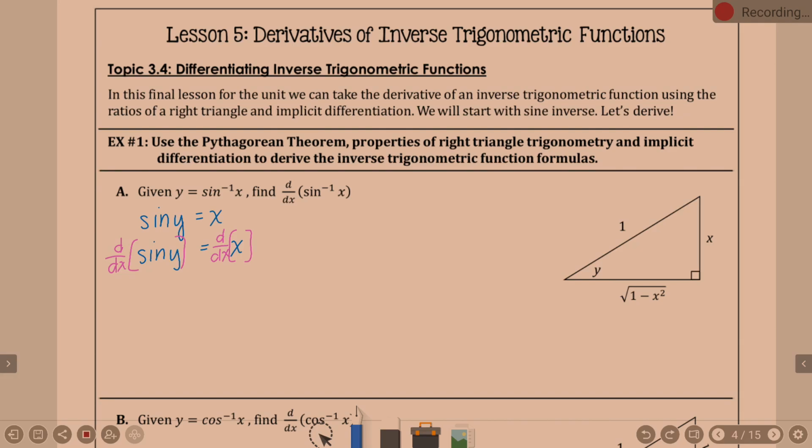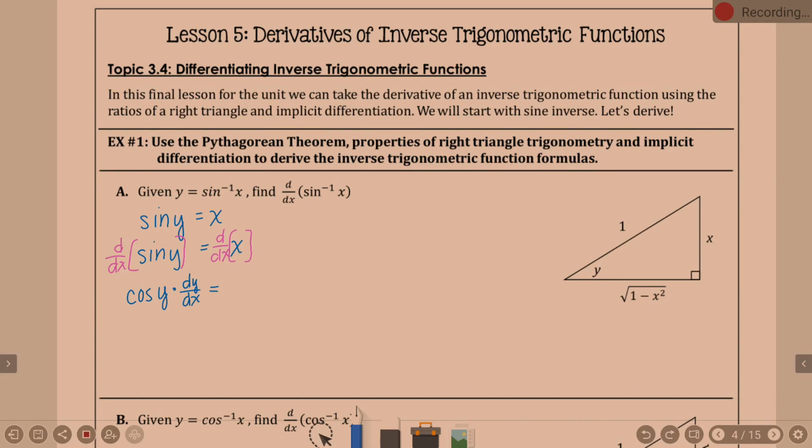On the left, what's the derivative of sine of something? Cosine of something, so it's going to be cosine of y, times the derivative of something. Since we're doing the derivative of y with respect to x, what do we need to multiply by? dy dx.